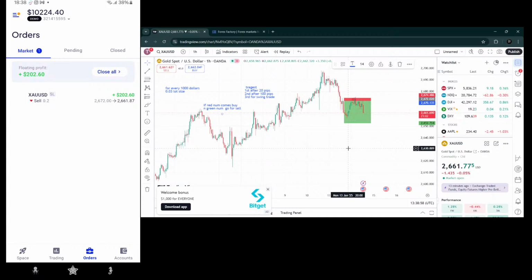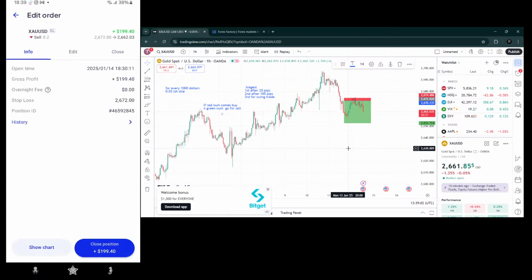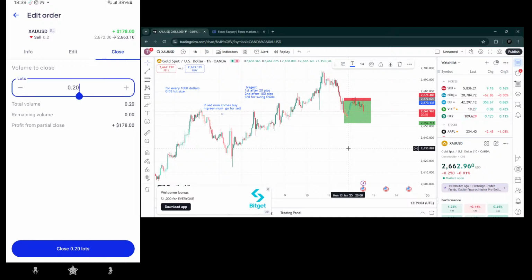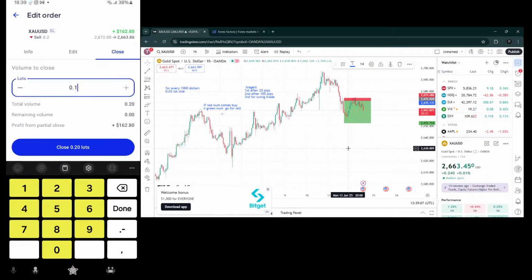So as you can see, like 10% is going on. So we'll go simply here, partial closing, and we will close, because always book your profits.